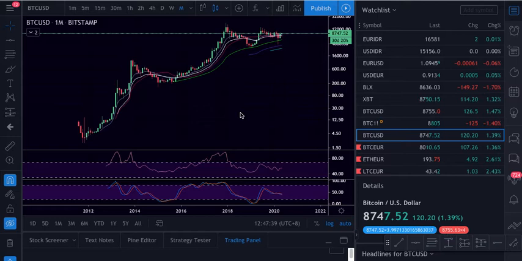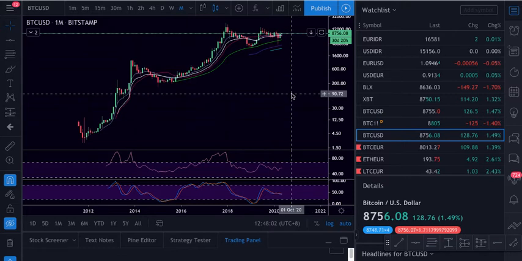So this is the chart of Bitcoin. Each candle is a month. So this is where we are now. This doesn't start from the beginning. This is the Bitstamp chart on the TradingView site, which all the traders use to check all the charts.